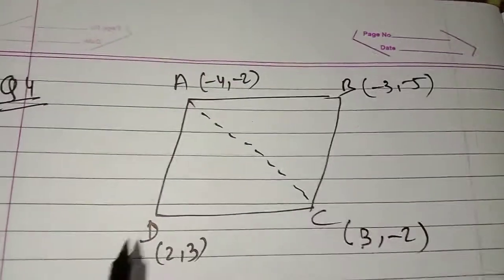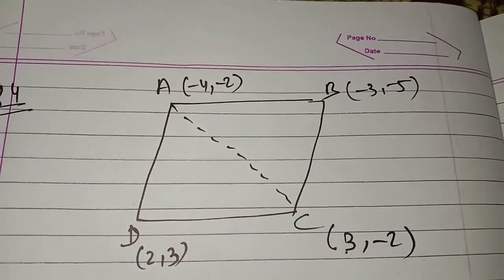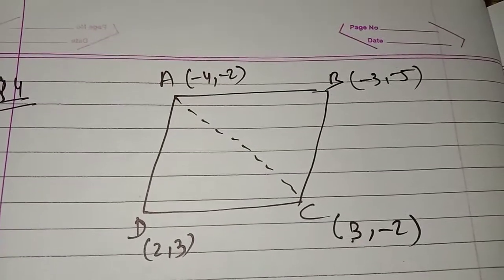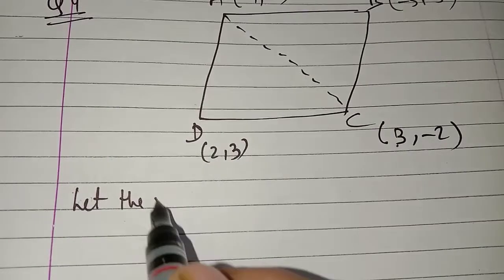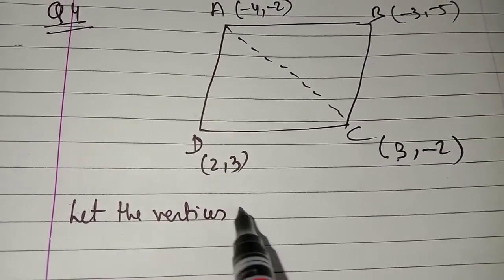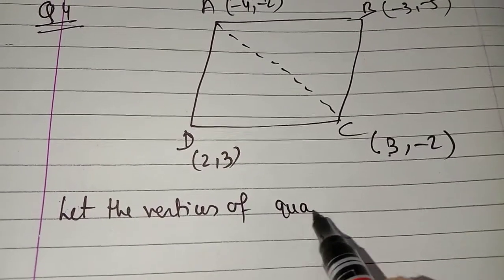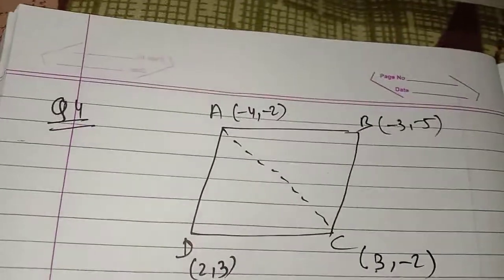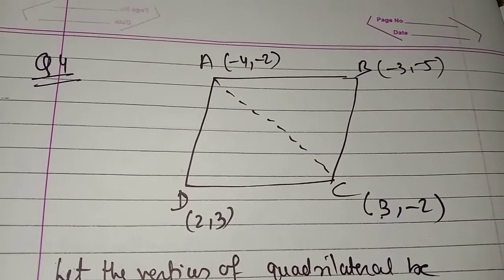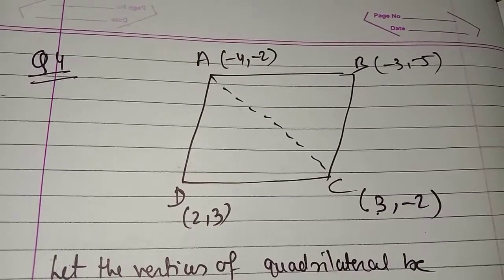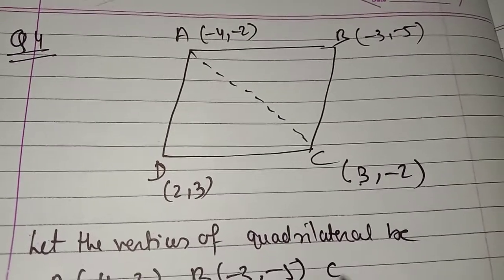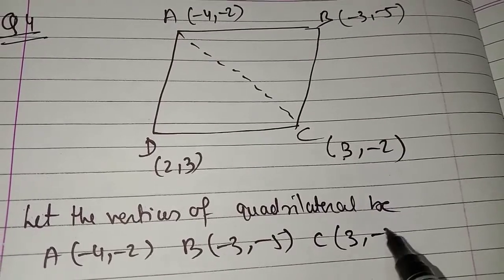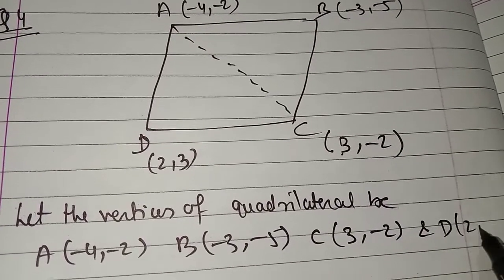Okay, so first of all I will write, let the vertices of quadrilateral be A is -4, -2, B is -3, -5, C is 3, -2, and D is 2, 3.